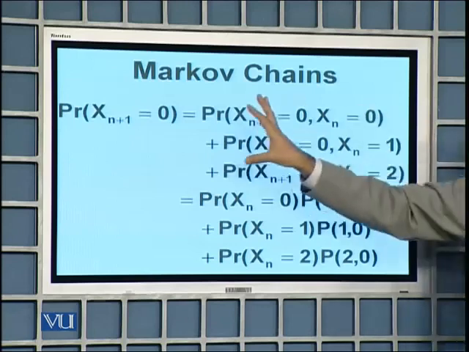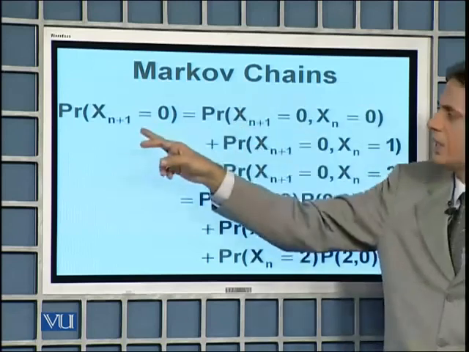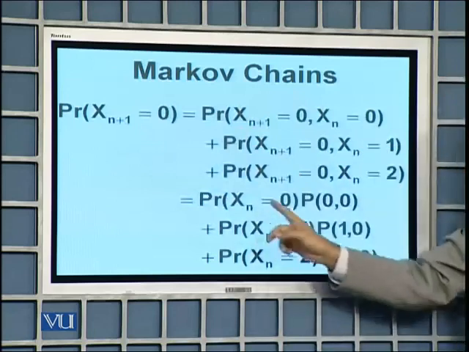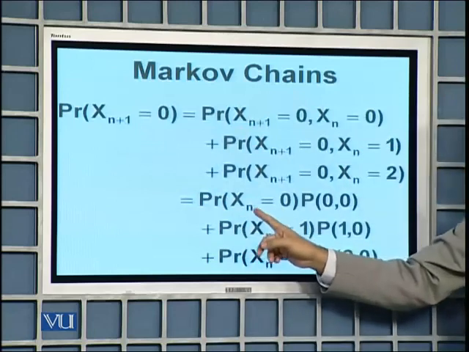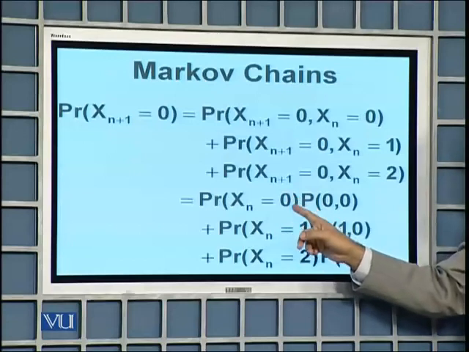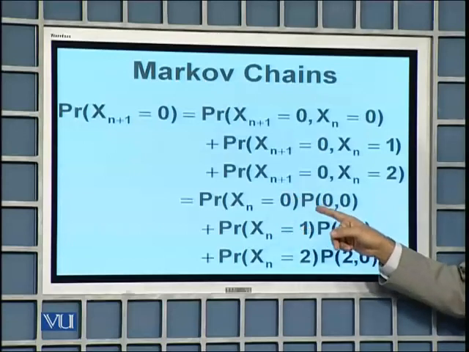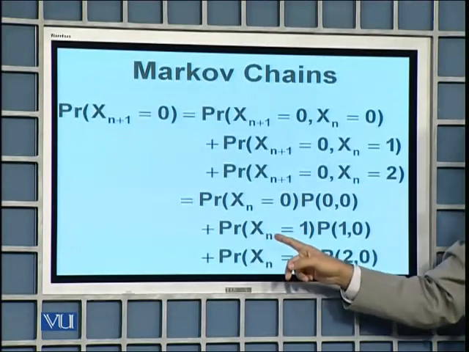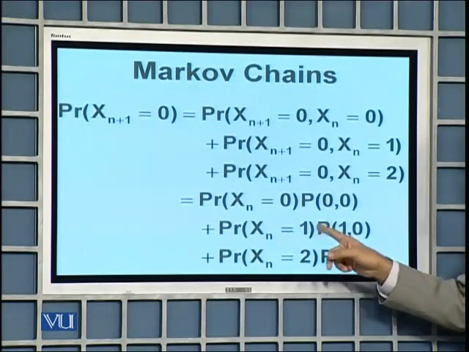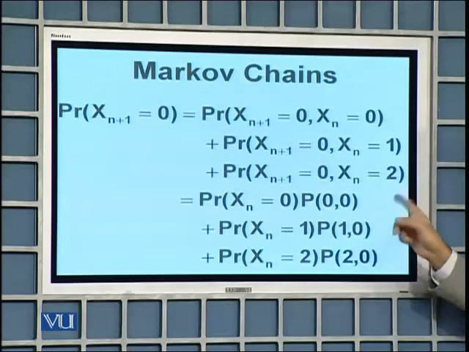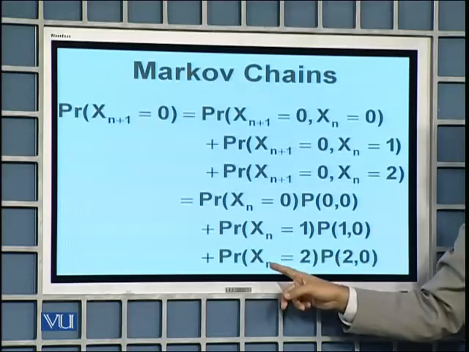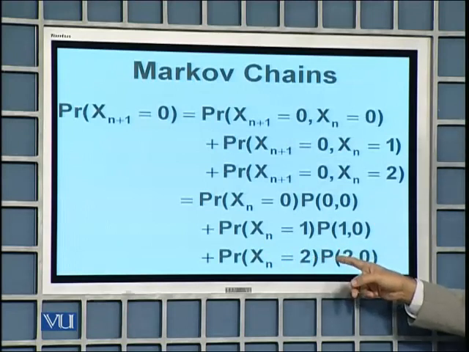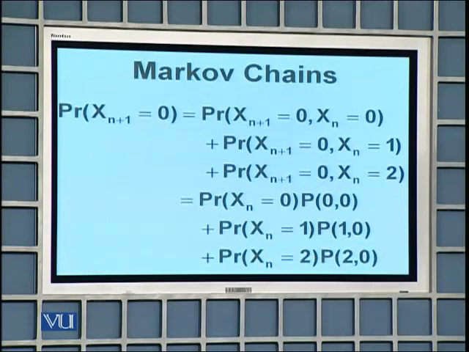So this formula of probability of xn plus 1 being in state 0 is changed to this formula: probability of xn being in state 0 multiplied by transition probability from 0 to 0, plus probability of the previous random variable being in state 1 and then transition from 1 to 0, plus probability of the previous random variable being in state 2 multiplied by transition probability from 2 to 0.